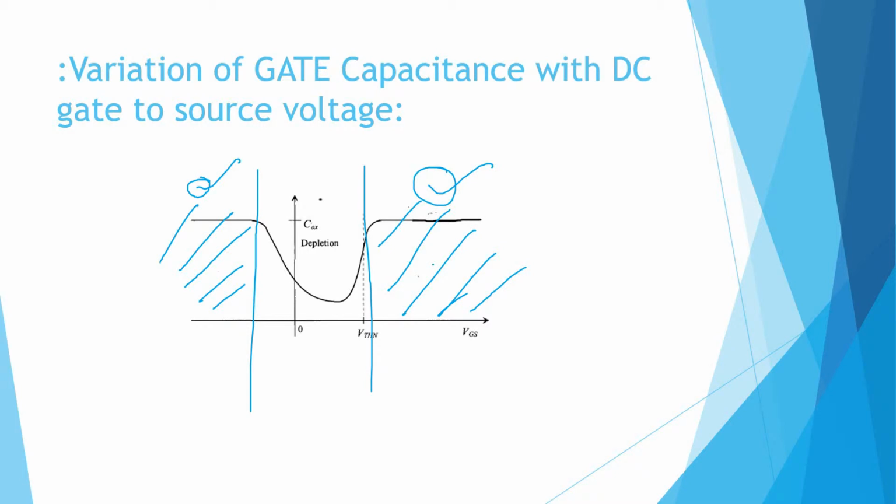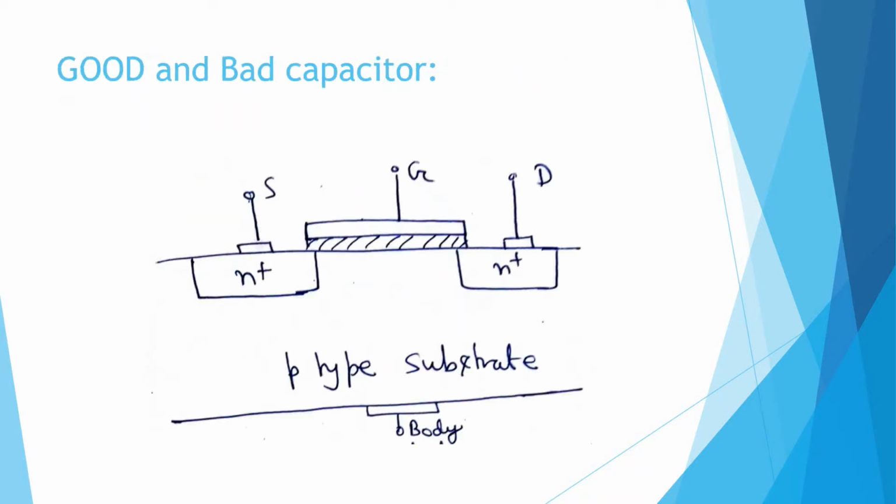So whether you apply positive gate potential or high negative gate potential, for which case is it favorable to use the MOSFET as a capacitor? That's what I am going to discuss in this video. So the question is, good or bad capacitor, which one should we choose? Just try to understand here, this is a very important concept. Consider this is the basic structure of the NMOS I have taken.